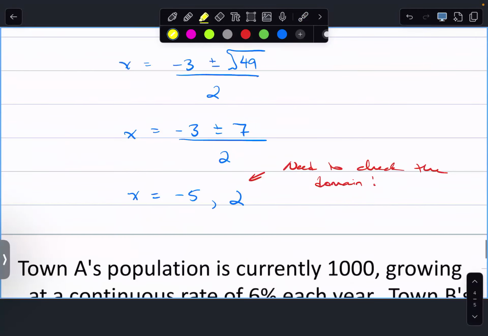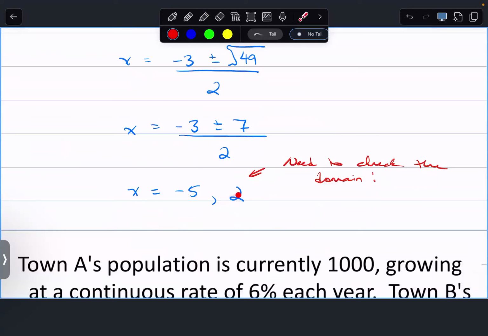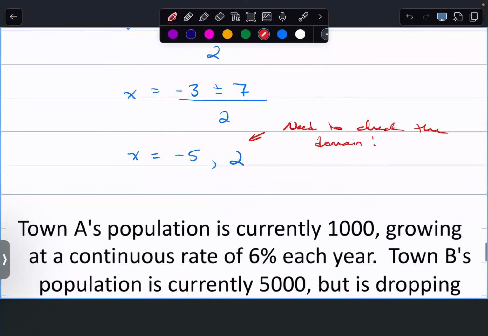So these are the solutions to the quadratic, but the only solution to the log function is 2. Therefore, x equals 2 is the only solution.